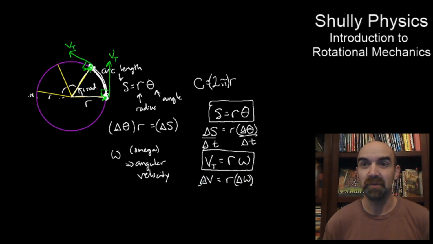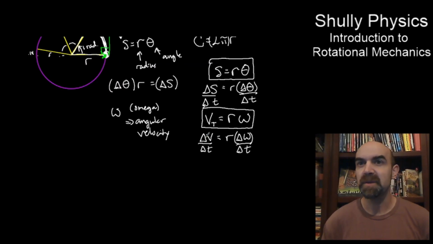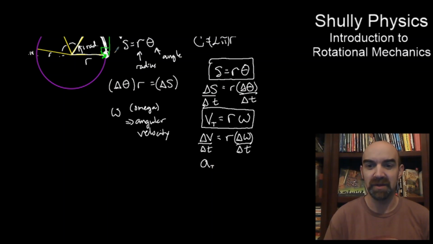If we measure that rate of change with respect to time, look what we have here. So if we divide both sides by delta t, delta v over delta t, of course, is an acceleration, and that's in the same direction as the v, so this will be a tangential acceleration. This point will speed up its tangential velocity.